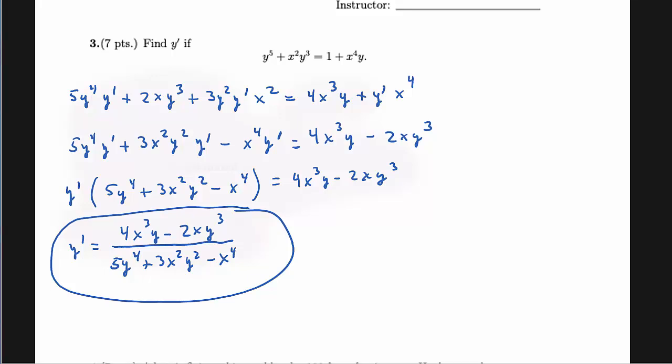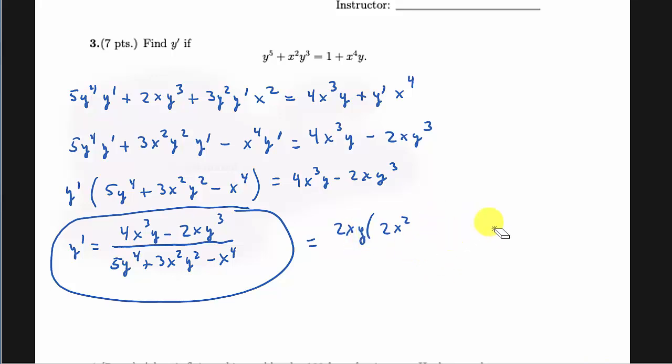And if you wanted to, you could factor out a 2x out of the numerator. That would leave you with 2x squared y minus y. Let's see, I'm sorry, factor out a 2xy.